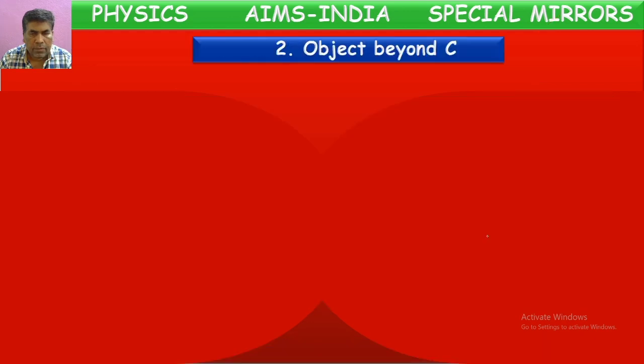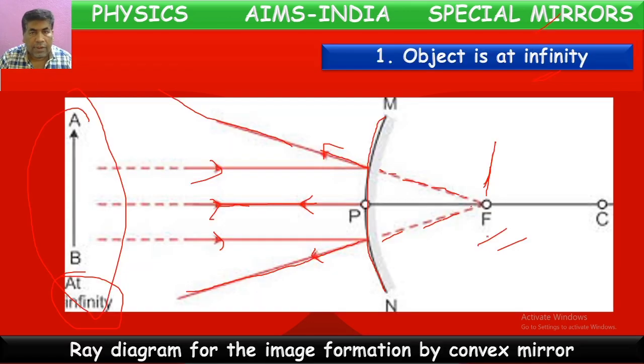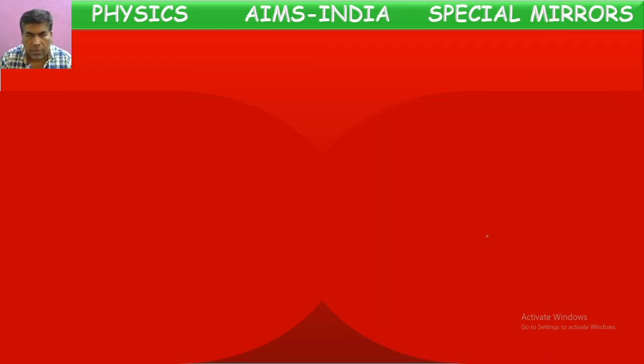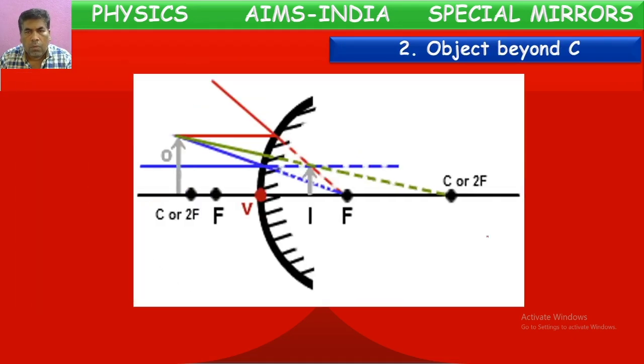Next, this is infinity. Now the object is beyond C, which means a finite distance. When the object is beyond C, the ray parallel to the principal axis actually has to pass through the focus.